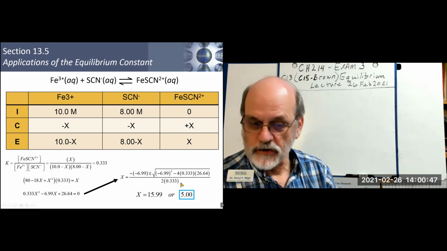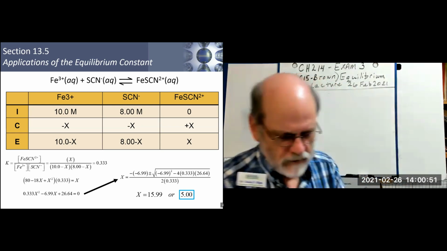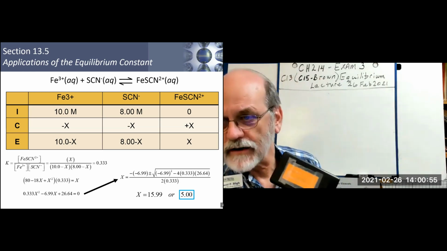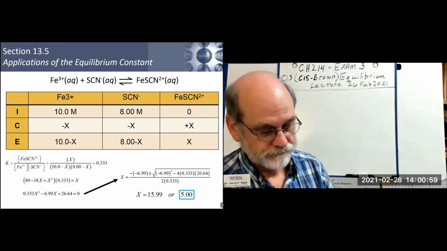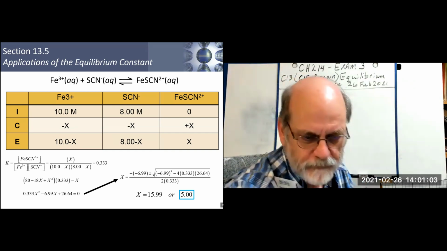That's the solution to your quadratic equation. And I think I still have, yeah, on the back of my calculator, I put that formula right here, just so I don't have to look it up.